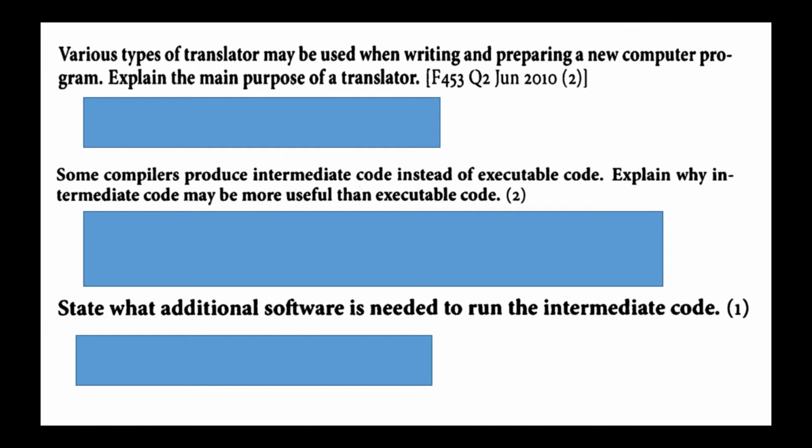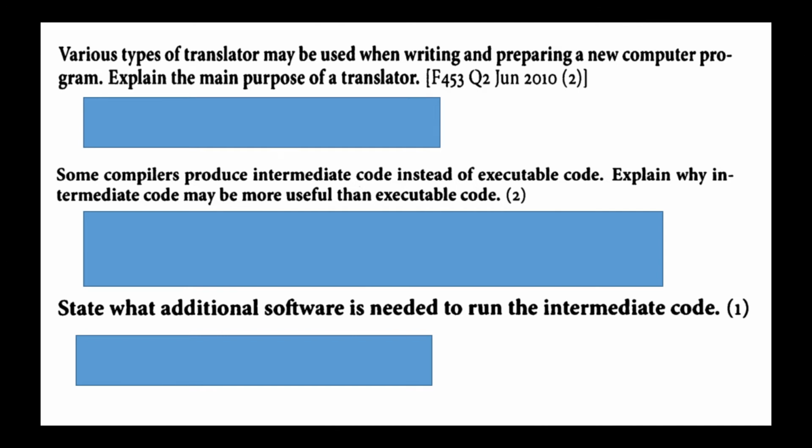So here we go. Explain the main purpose of a translator. Explain why intermediate code may be more useful than executable code. State why additional software is needed to run intermediate code. So here are the answers.